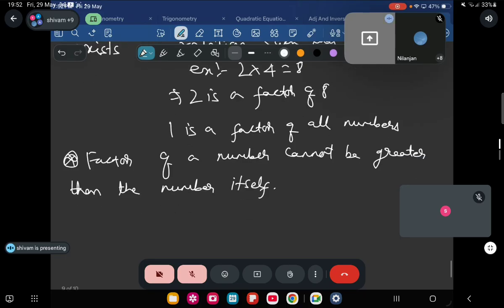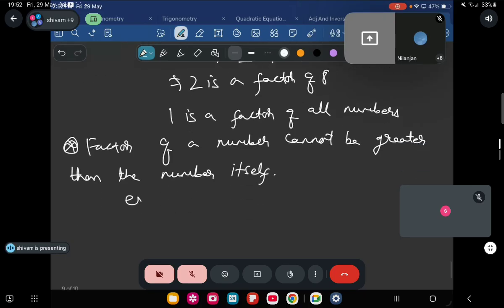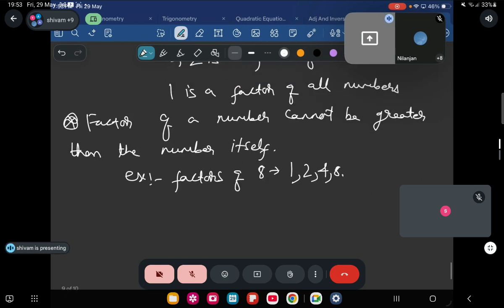Okay. For example, what are the factors of 8? Factors of 8 are 1, 2, 4 and 8. Okay. Next. Number of factors of a number is always finite. Okay, everyone. Number of factors of a number is always finite.